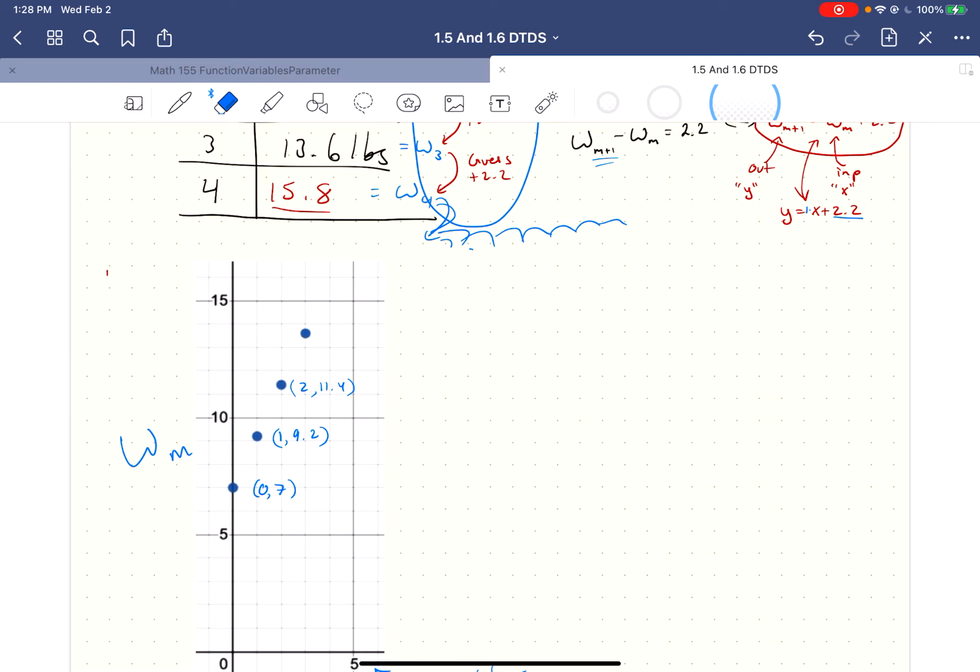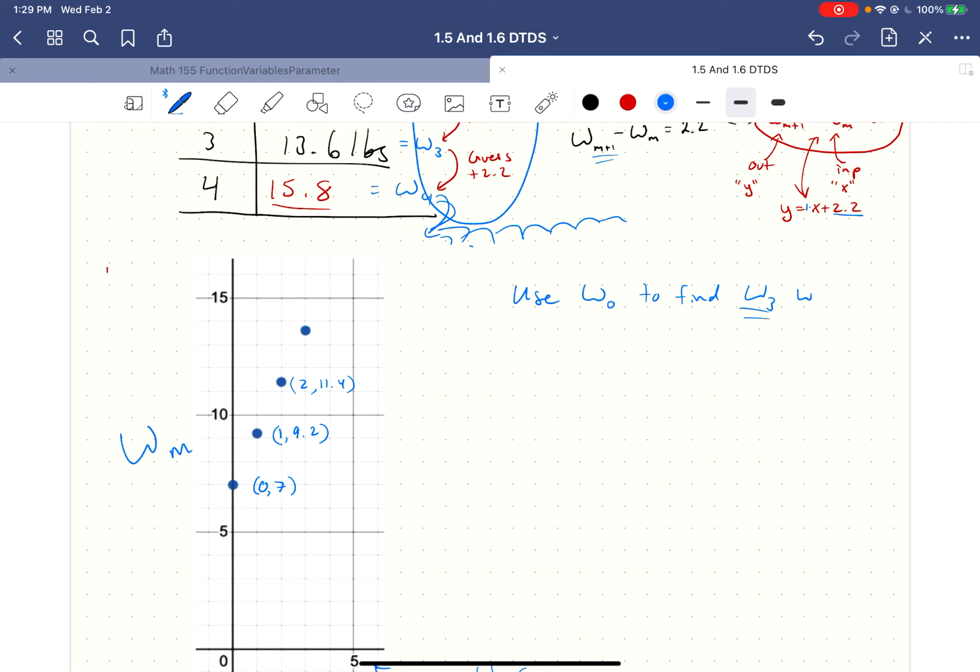So here's the idea. What we want to do is use, in this case it'll be w sub 0, to find w3, or, I'm just picking something later on, without simplifying.